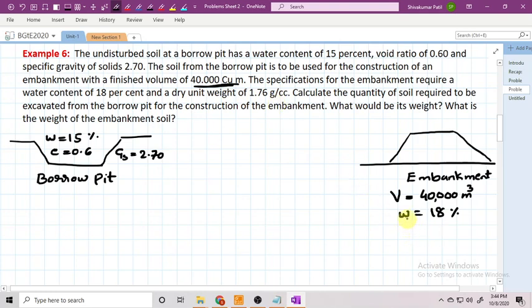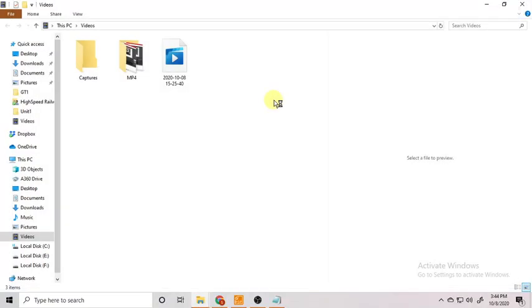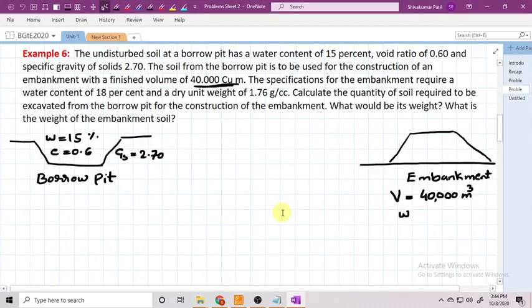Again, you see the same mistake they have made here. These problems I have taken from some textbooks, so whatever they wrote I have taken. They should not use unit weight here, because they have given a density unit, gram per cc.